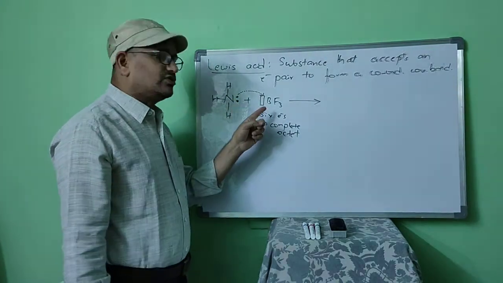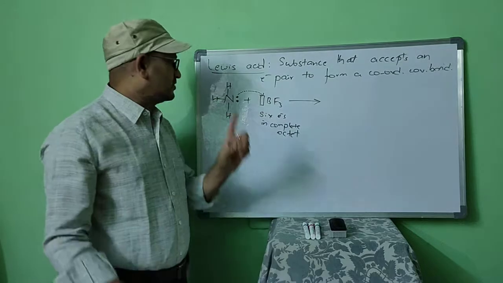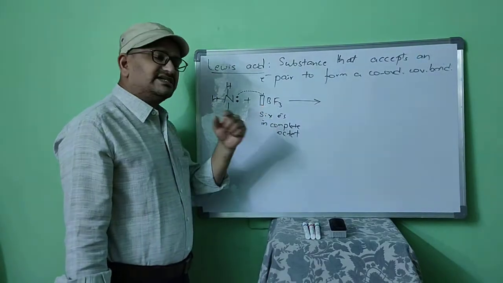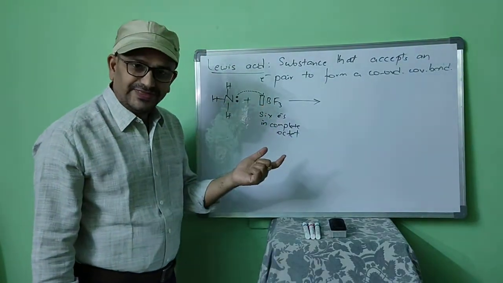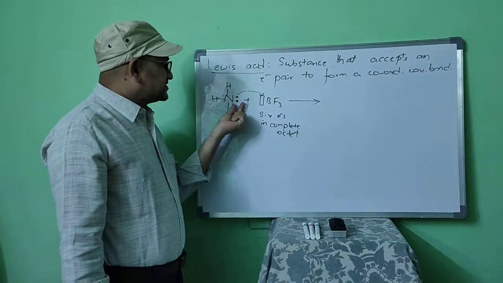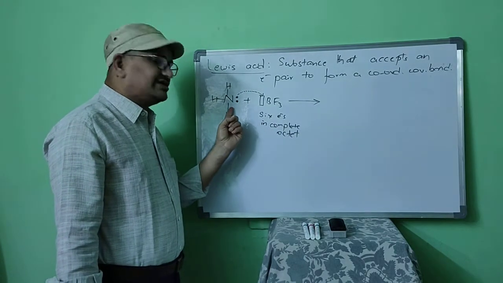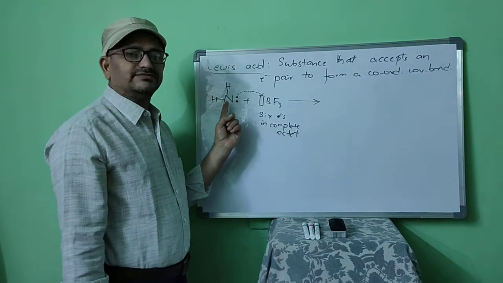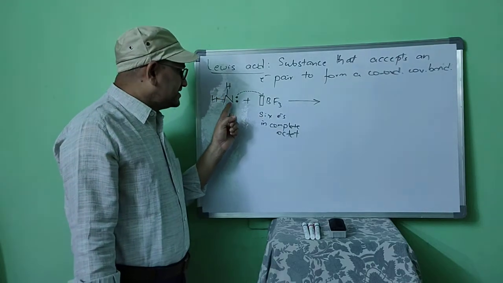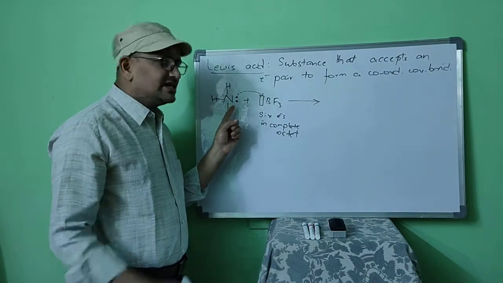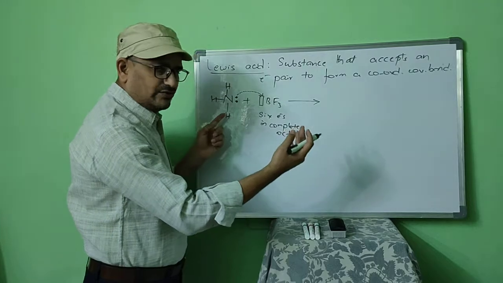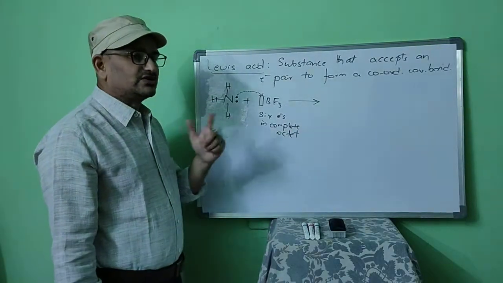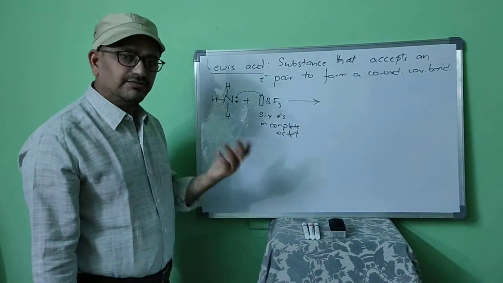Suppose if nitrogen and boron want to form a normal covalent bond, both atoms must contribute 1 electron each. But here the shared electron pair is being contributed by one of the bonded atoms, and with this coordination, as a covalent bond is being formed, this type of bond is called a coordinate covalent bond.